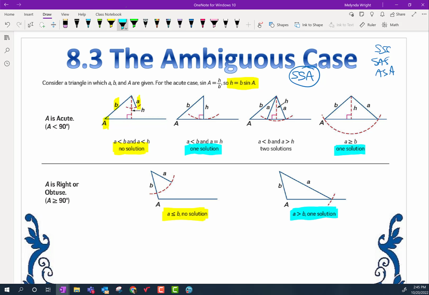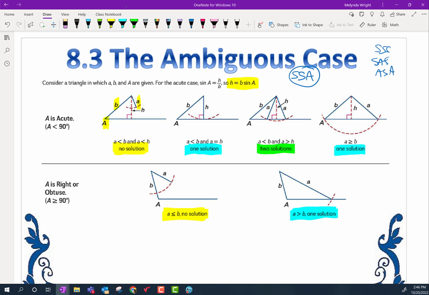It is possible to get one solution for this scenario where you have two sides and the non-included angle. And the third case is it's actually possible to get two triangles. This would be a picture of how that could happen. The side could go this way or this way, and it would create two different triangles.